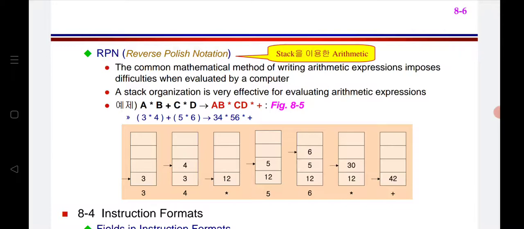That means a into b. This becomes my one data. What is my second data here? C into d. Between a into b and c into d, I am going to perform the plus operation, that is your addition operation. So the postfix notation will be a b into c d into plus.